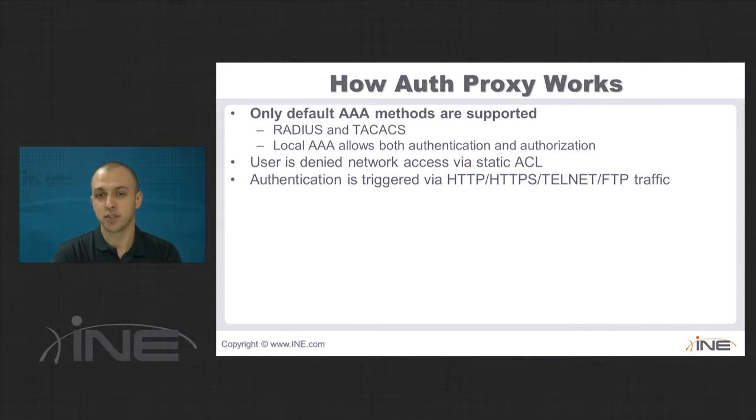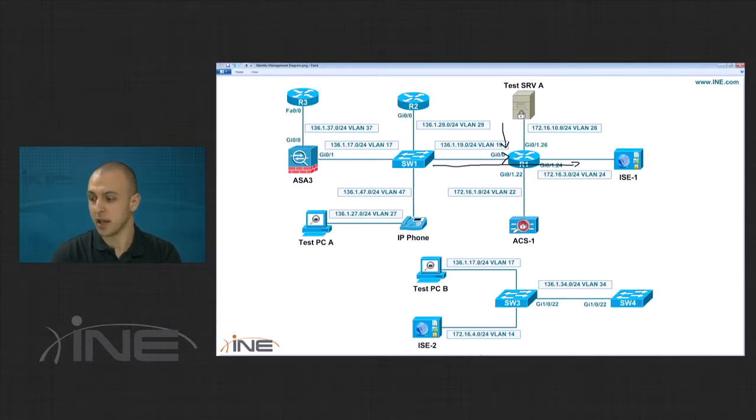IOS does not support something called virtual telnet or virtual HTTP server, which means that the user will actually need to initiate the session towards the real destination. So, in my case, switch 1 will need to initiate the session to ICE1, which would be my destination.